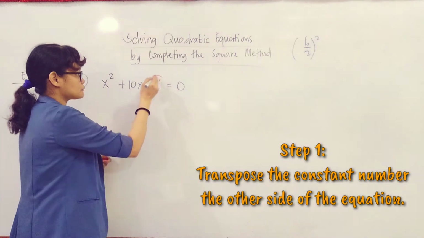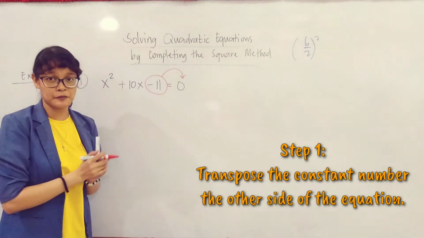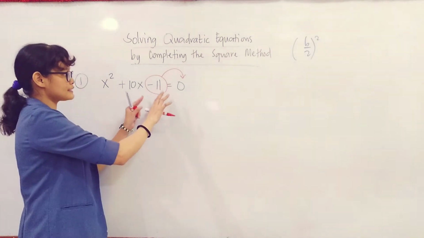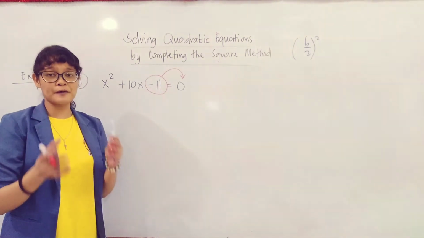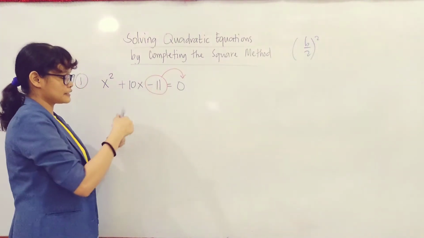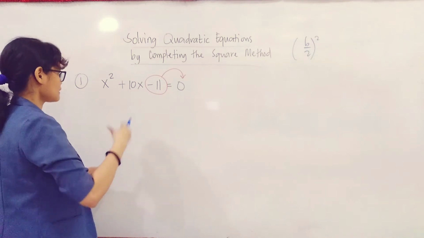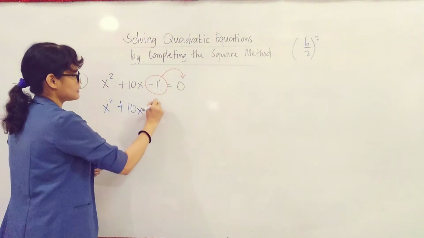Alright, so ito yung first step mo. We have to transpose the constant number to the other side of the equation. Since this is negative 11, we are going to apply the addition property of equality para matanggal natin yung negative 11 dun. So you have x squared plus 10x minus 11.